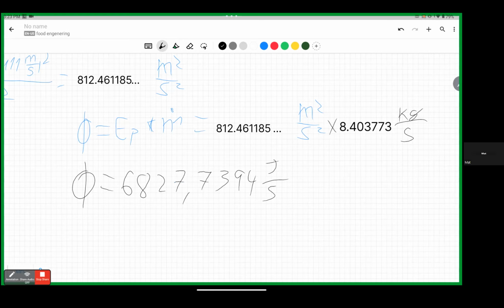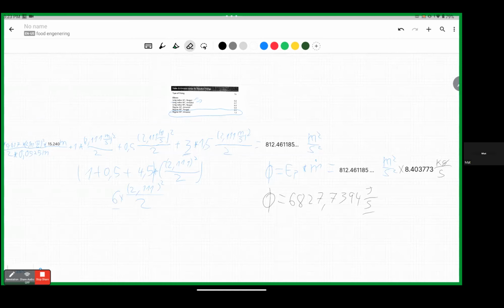Or if you get the full unit, it might be kilograms, square meters, cubic seconds. Okay. If you want this one or this one, it will be the same. But this will be the power you need for the pumping of the water.